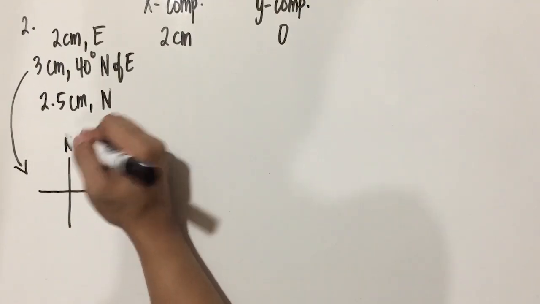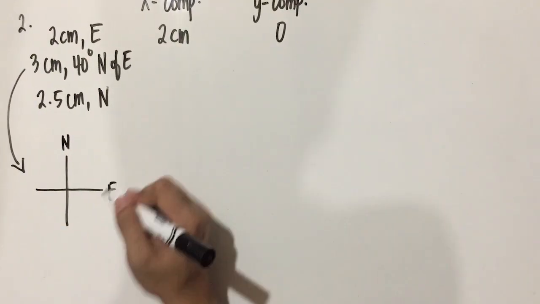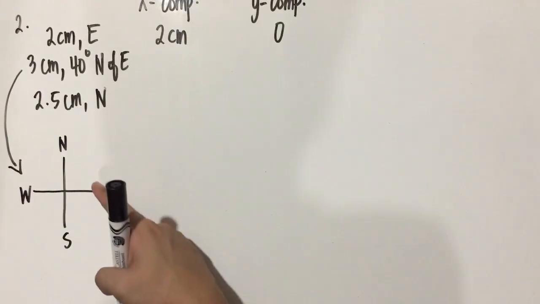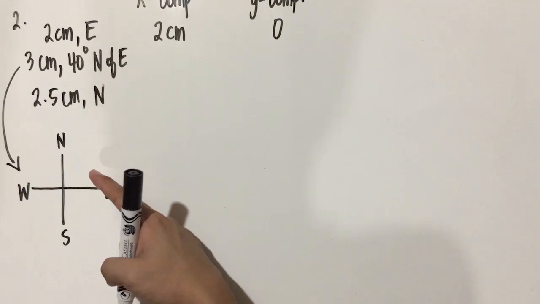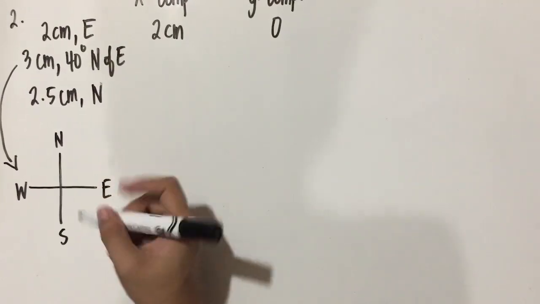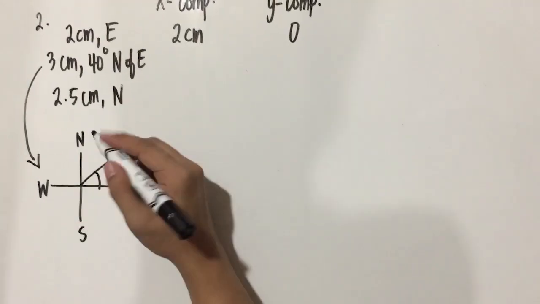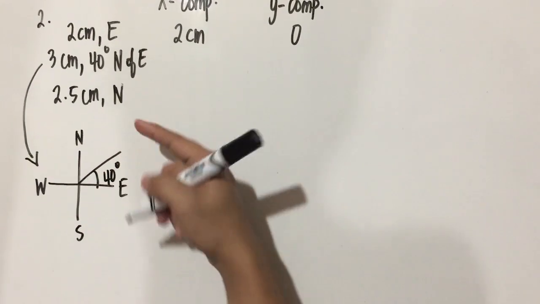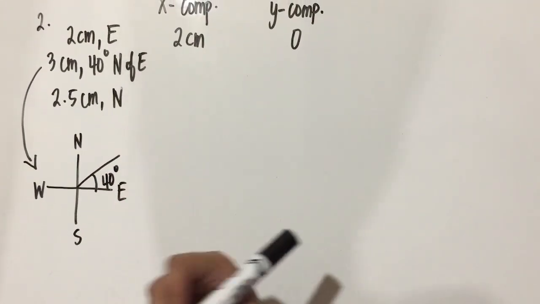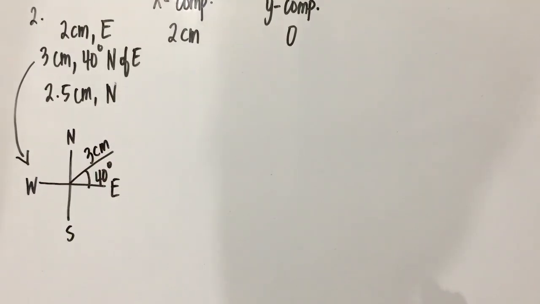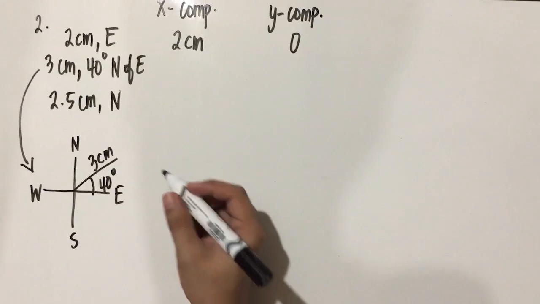North of east is found on the first quadrant, so we position that on the first quadrant. Draw a line that represents a vector diagram, with 40 degrees for the angle. The resultant vector magnitude is 3 centimeters.